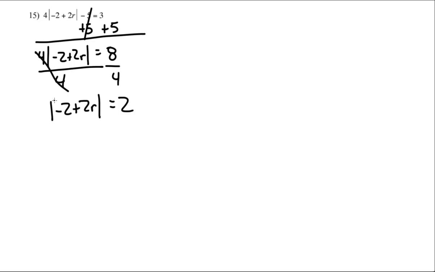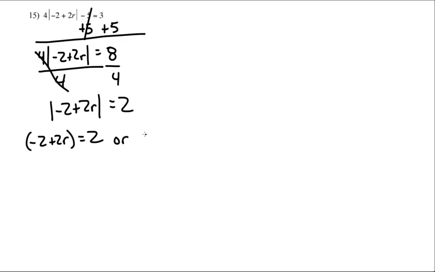So now, if the absolute value of this thing here is equal to 2, then the thing that's inside it, negative 2 plus 2r, can be equal to 2, because if this whole thing inside here is equal to 2, then the absolute value is going to make it 2.